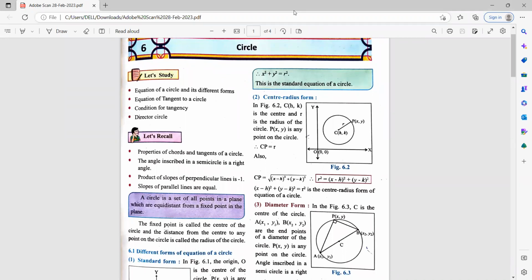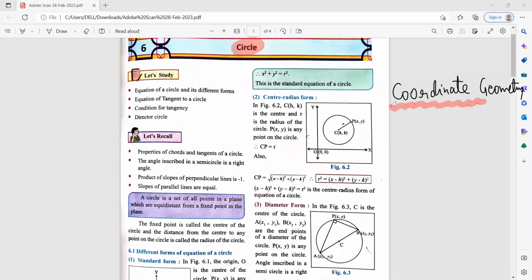and this is a part of coordinate geometry. Remember, this topic circle is a part of coordinate geometry. Now, what is important here is that when you take the topic circle under coordinate geometry, the treatment of the topic is different.